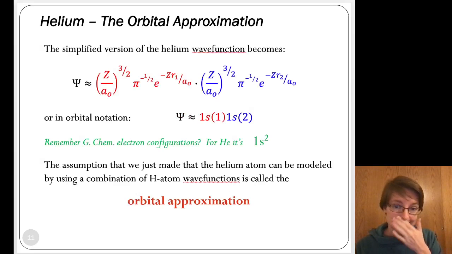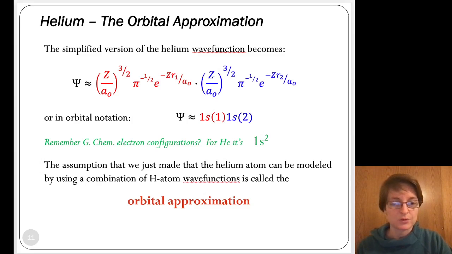So plugging in some values for our 1s orbitals in particular, because remember, helium, all the electrons are going to go into the ground state, into these 1s orbitals. This would be what our wave function would look like. You may recognize this red and this blue term as our psi 100 wave function.